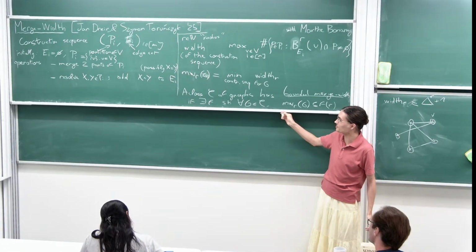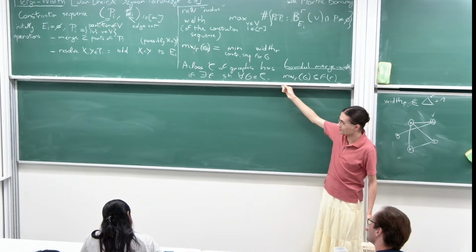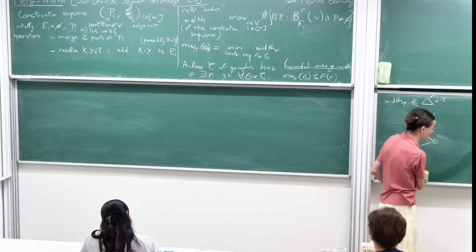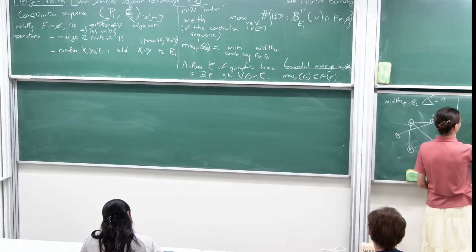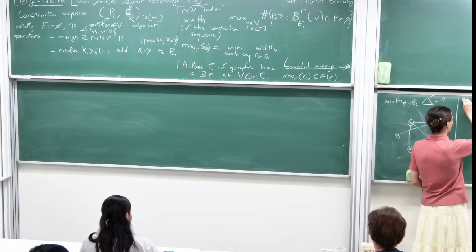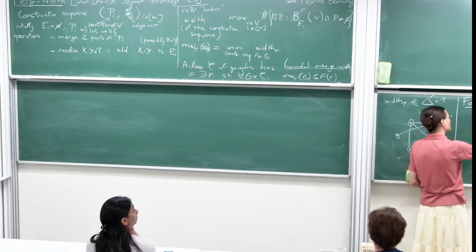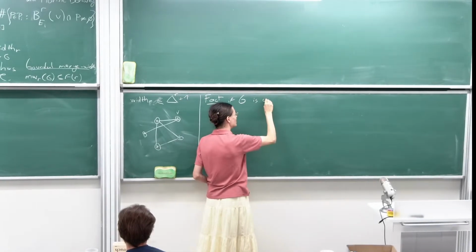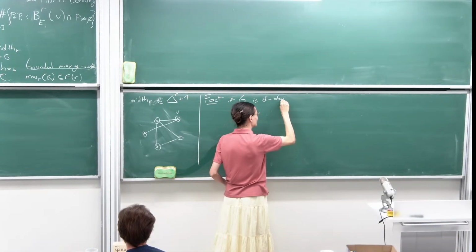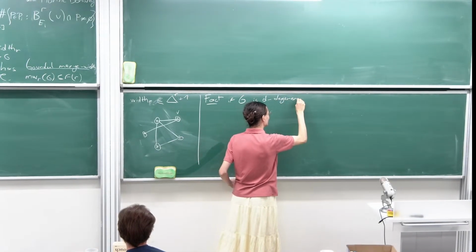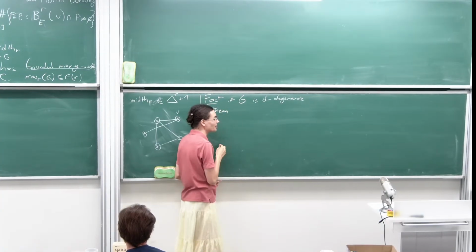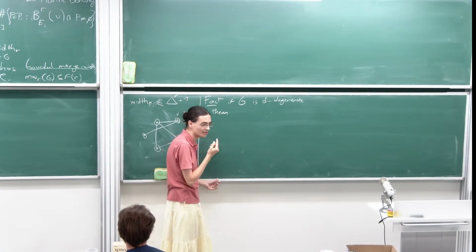So, okay, let me make an example. What would be something which looks a bit like bounded degree, but is not? It's degeneracy. So what I will show you is that if you have a graph which is D-degenerate, then it's not true that it will have bounded merge width, but we will get a bound for radius 1.